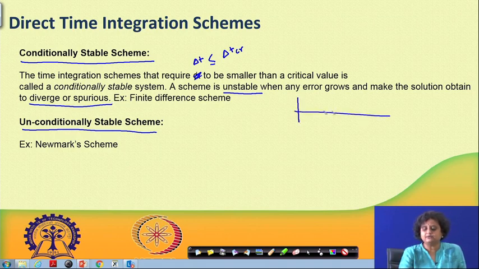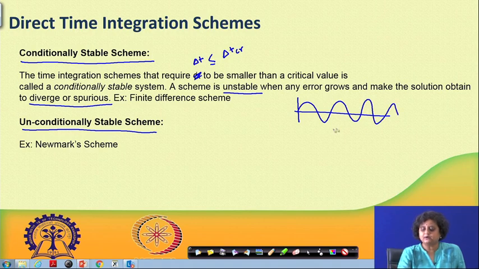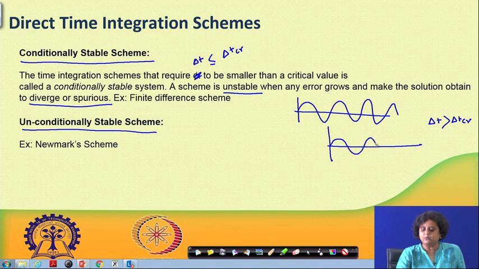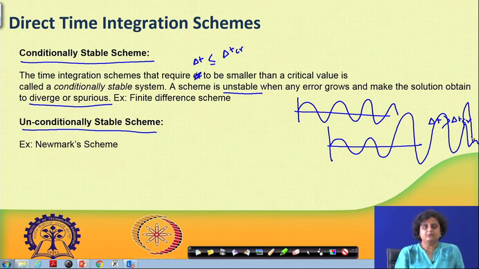Suppose this should be the ideal solution. Instead, if my del t is greater than del t critical, the solution will diverge or grow as time increases, or there would be a spurious solution of the system.